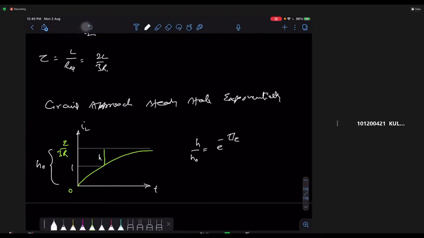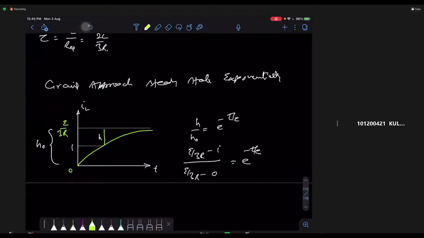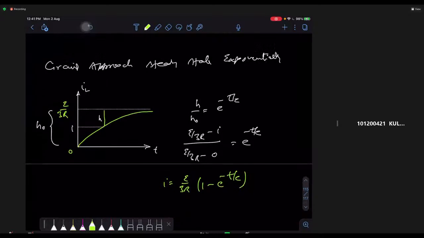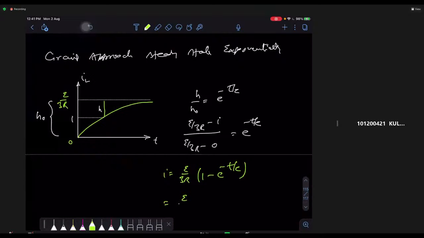What is my instant gap? It is E by 3R minus I, and the initial gap is E by 3R minus 0. If we simplify, I get the current as E by 3R times 1 minus exponential. So that is my inductor current.